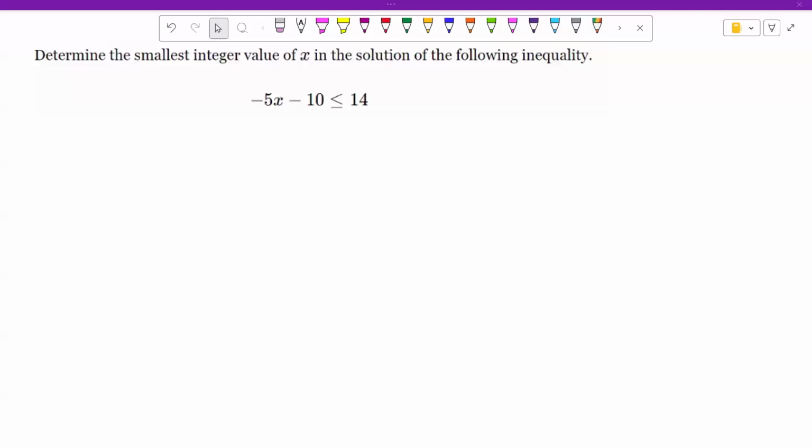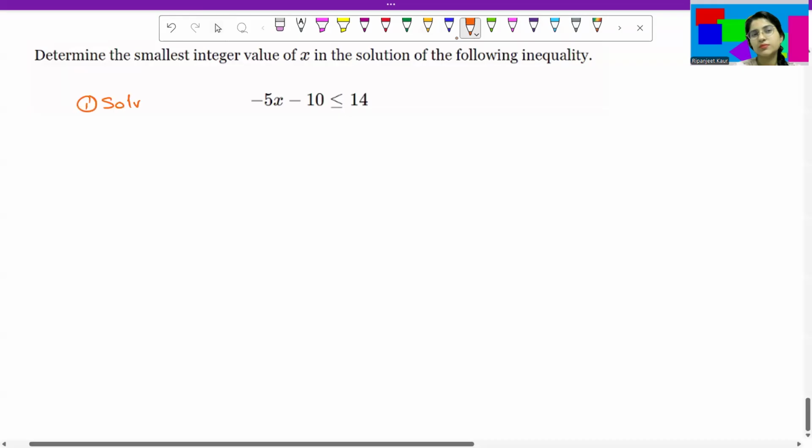Okay, let's go. We want to determine the smallest integer value of x in the solution of this inequality. What is the first thing we'll be doing? The first thing we'll be doing is solving the equation. To solve it, what do we do?